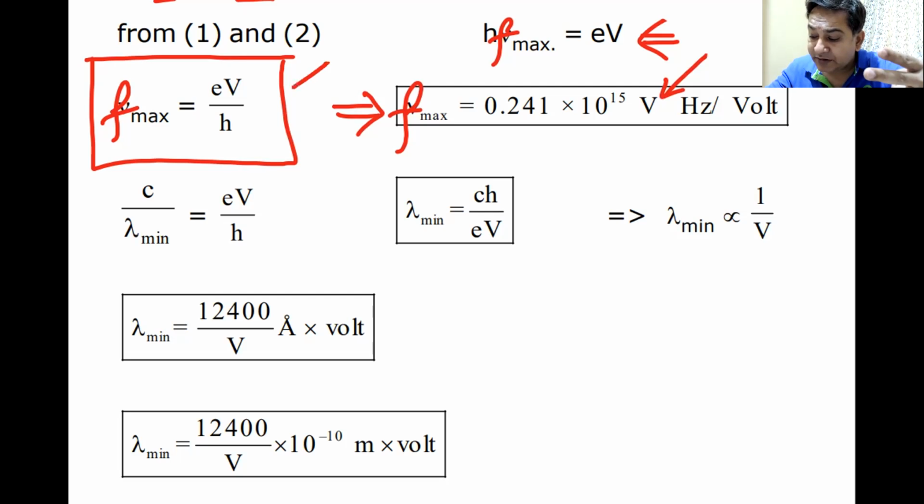Either you can remember it in this form, which I think is easier to remember, or in this form, where you can straight away get the answer by putting the value of V in volts. I leave it to you how you are going to remember it. If you can remember both ways, you will be able to solve the question in a flash.